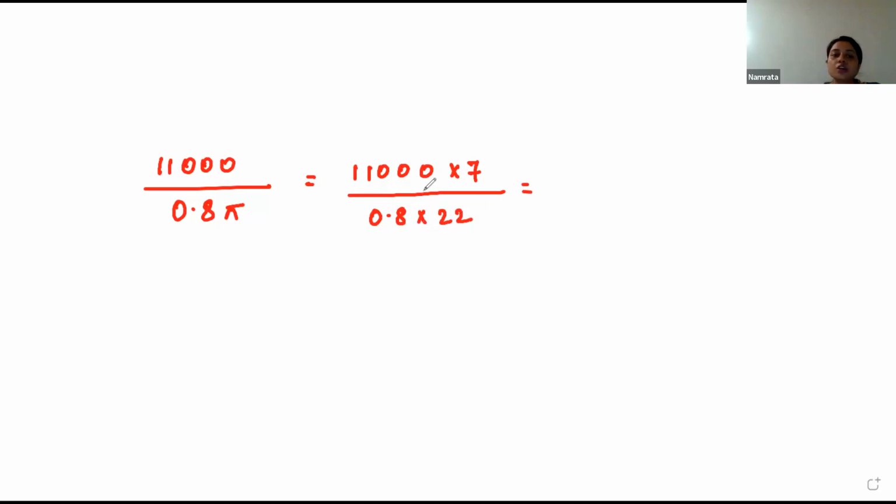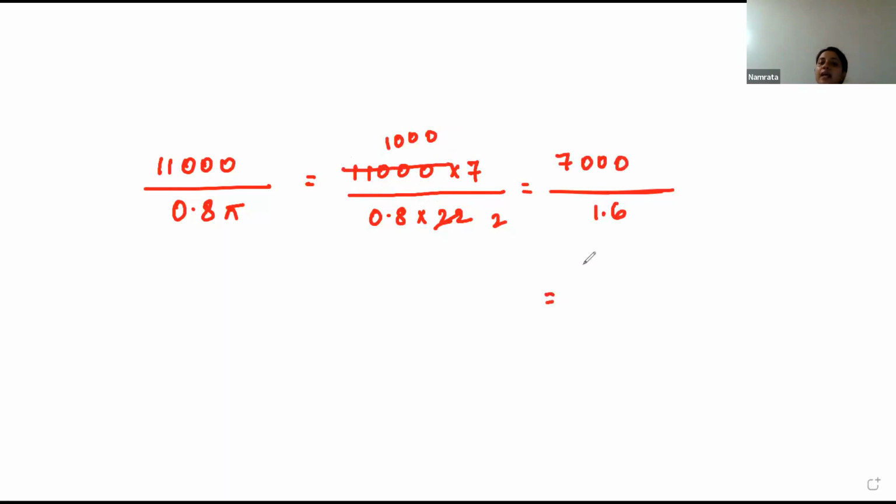So it will be just a whole number only. You can check it here. 11 twos are 22, 11 into 1000. That means 8 twos are 16. So we will be having, please do the calculation, 7000 over 1.6.